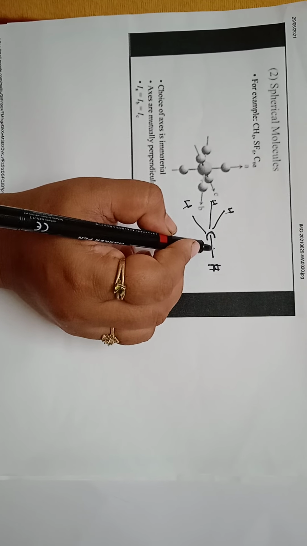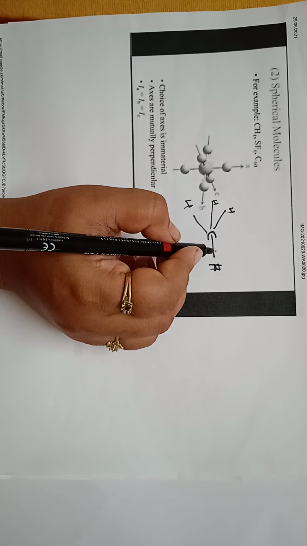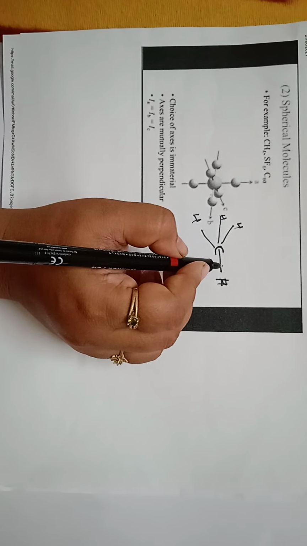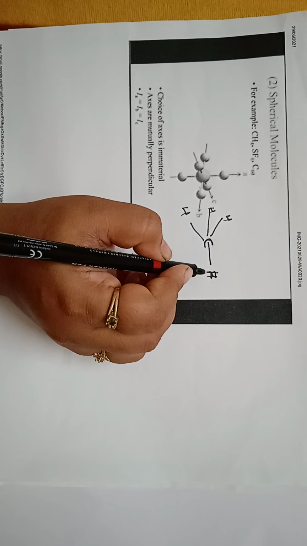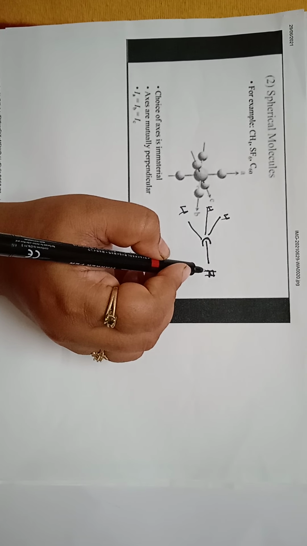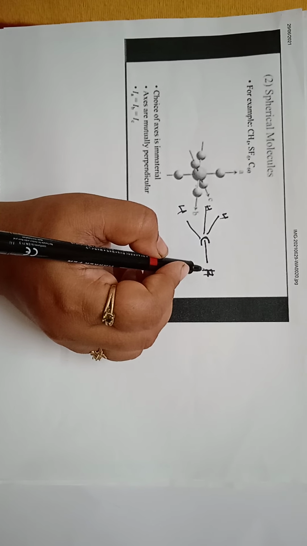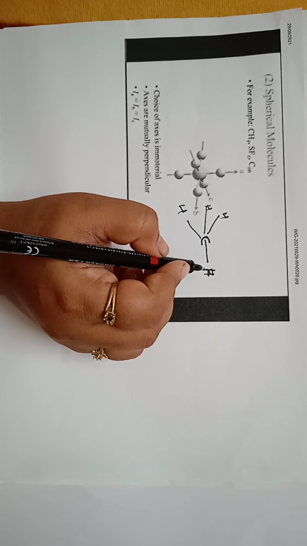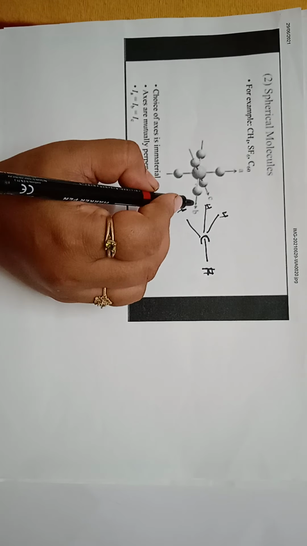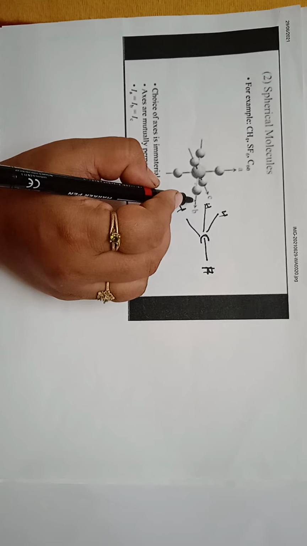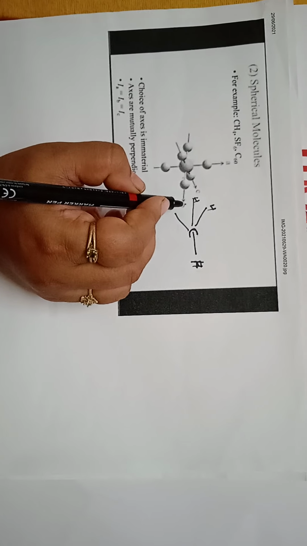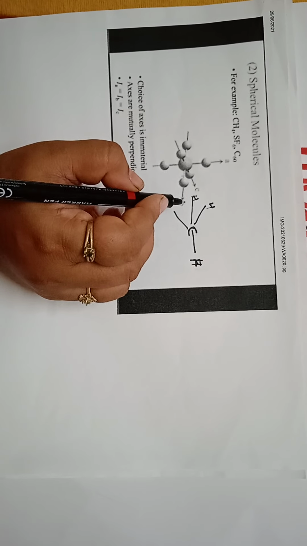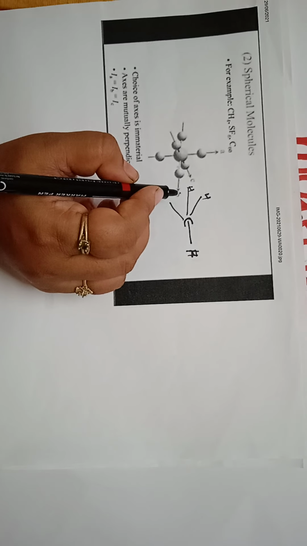As in the case of the linear molecule, the end over end rotations in and out of the plane of the paper are still identical, and we have IB is equal to IC.